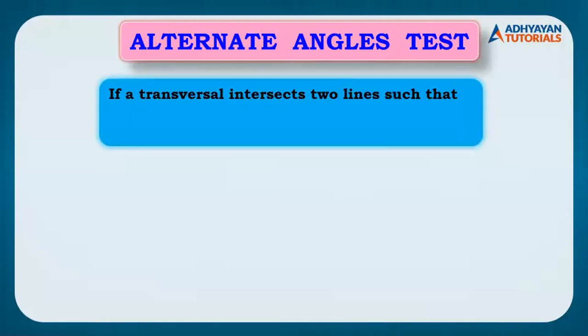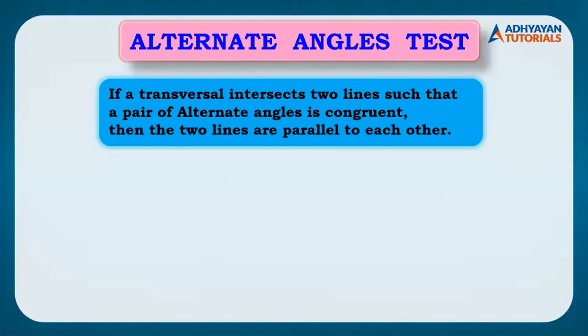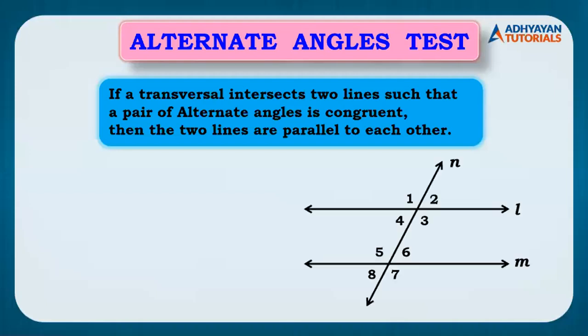Yeah, here is the statement, for those who have finished. If a transversal intersects two lines such that a pair of alternate angles is congruent, then the lines are parallel to each other. Now if you see in the figure, children, if I select 4, then for the alternate angle of 4, I hope everybody remembers which shape we have to remember for alternate angles.